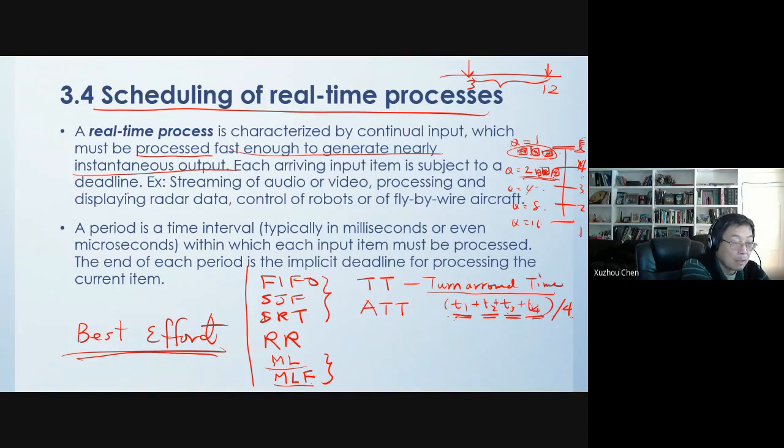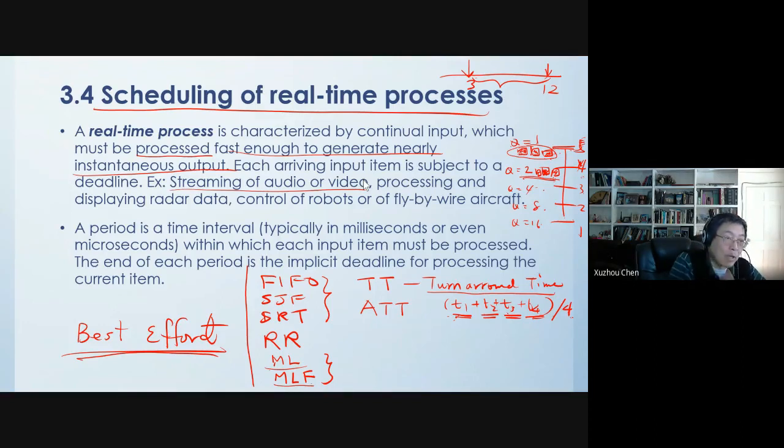Now, there are many examples of real-time processes. For example, streaming audio and video, if you use the internet to communicate. When I speak, just like right now, my voice is eventually going to create a voice file, in a certain format like MP3 or any kind of voice format.